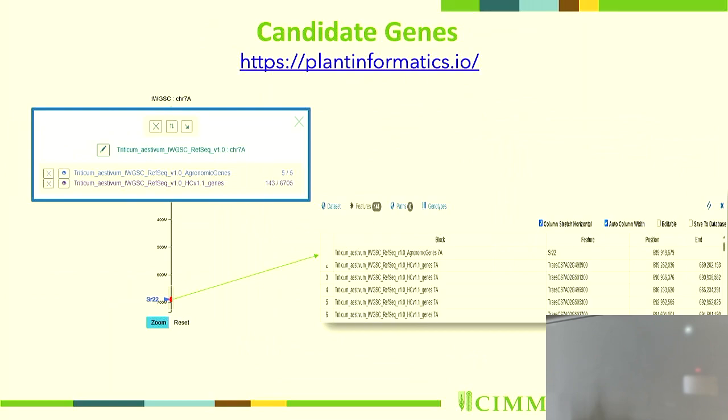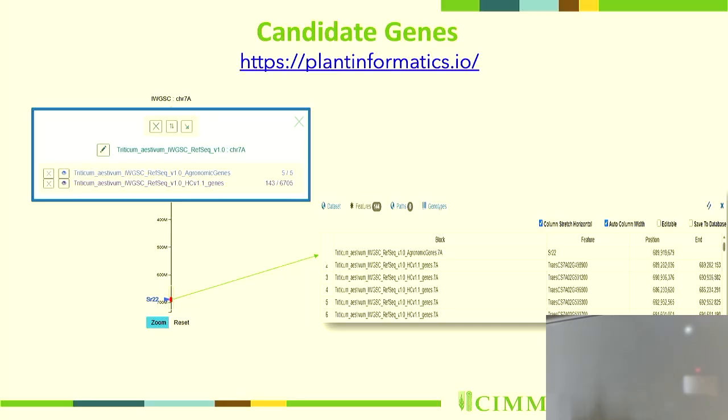For my GWAS study, what I'll also be looking at is the candidate genes. This is a tool I really wanted to show everyone, called Pretzel, which was also developed by Agriculture Victoria in Melbourne. I think it gives you a really good comparison of the physical and genetic distances for your mapping.